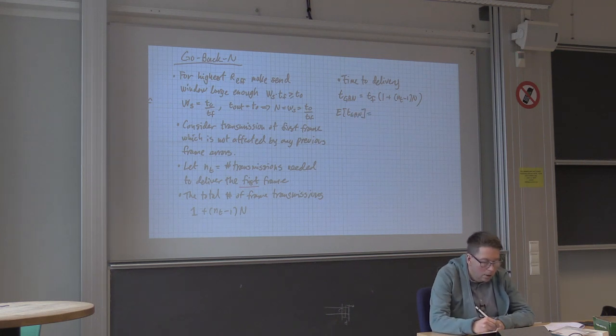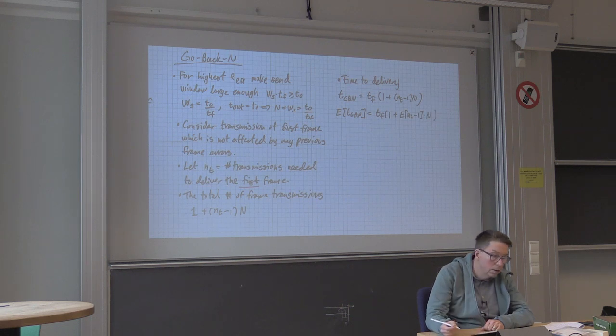And then, as before, we have TF times 1 plus the expected value of NT minus 1 times capital N.